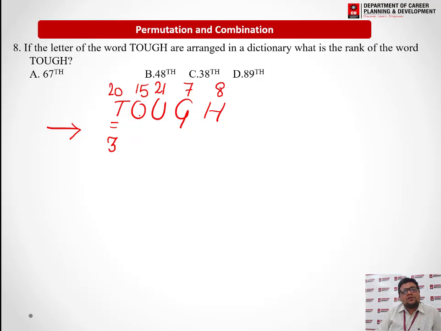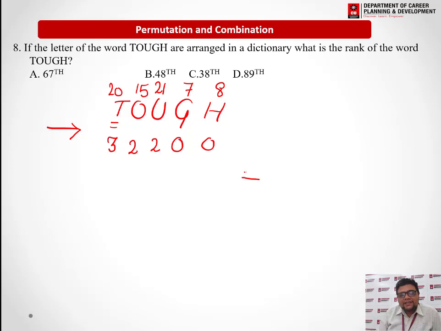Then for O, it will be G and H, only 2. For U again 2. For G there is no alphabet smaller than G, so 0, and again for H it will be 0.